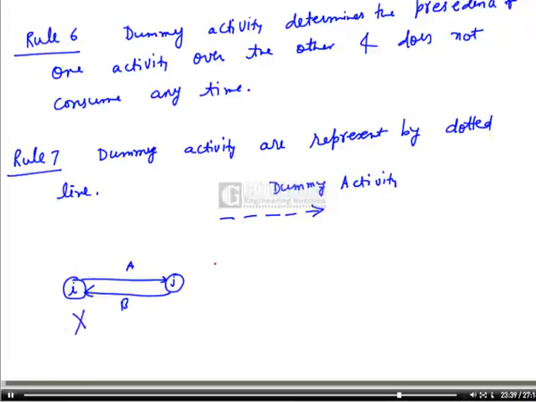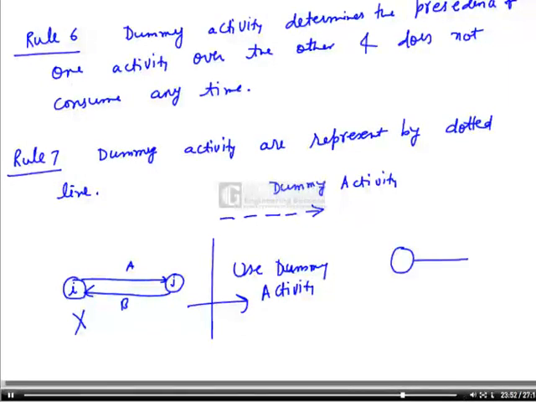For this, use dummy activities. This will be activity A, this is I, this is J, this will be B, and here we will draw a dummy activity and then proceed to other activities. So this is called a dummy activity.